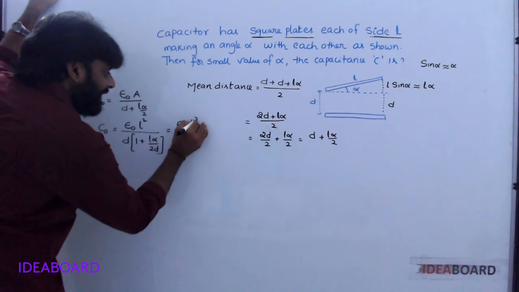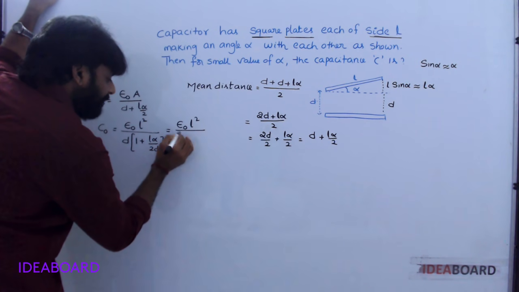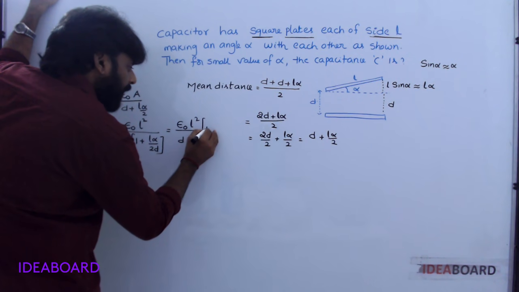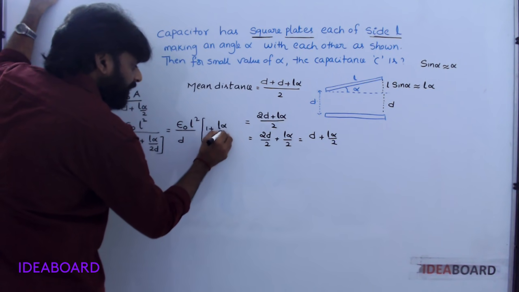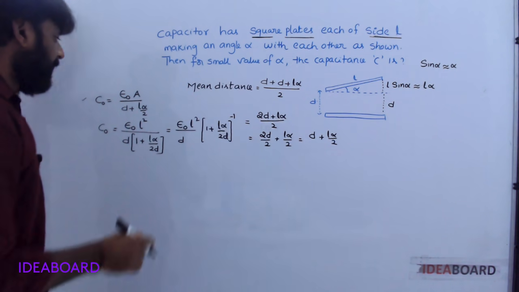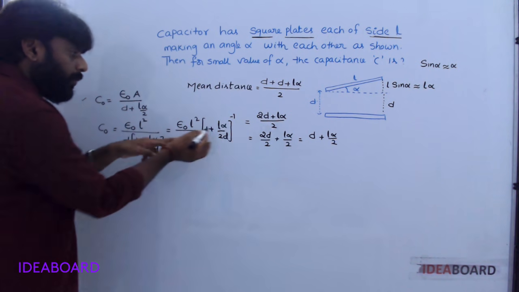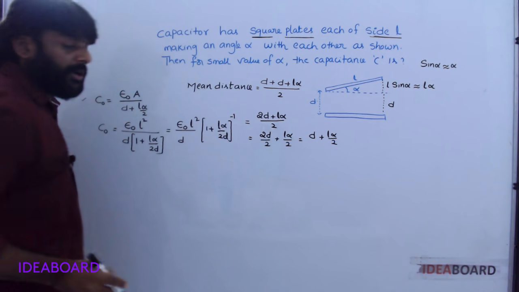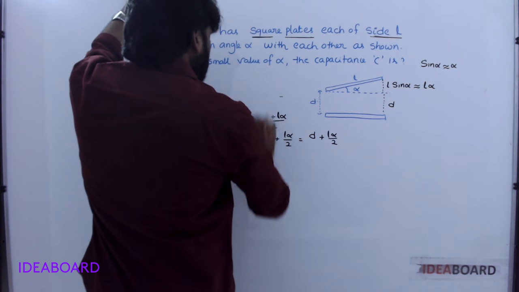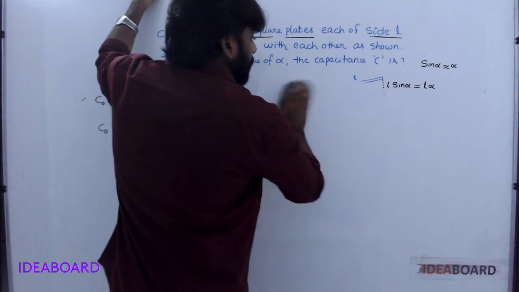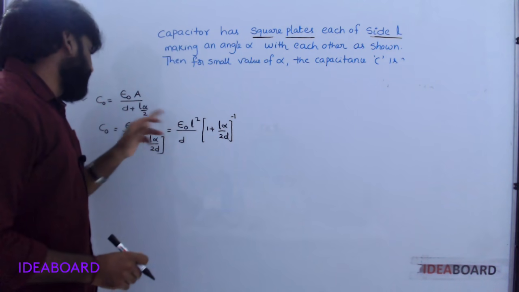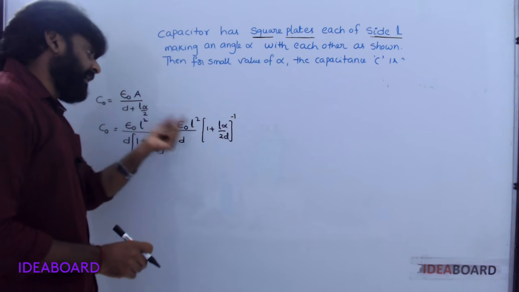So epsilon naught L square by D, into 1 plus L alpha by 2D whole power of minus 1. Understood? Okay.